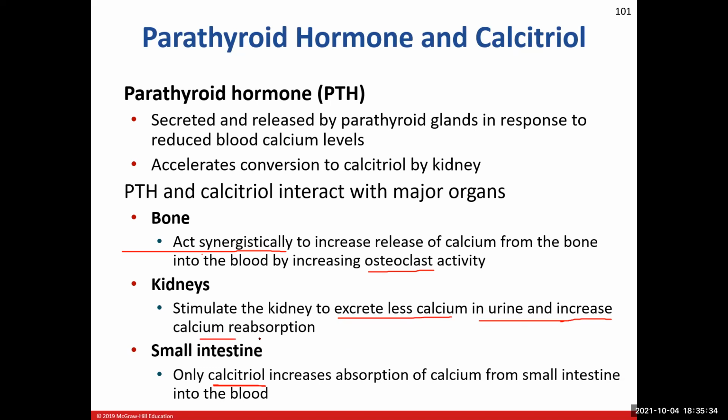Basically, your kidneys are going to make sure that there's very little calcium in your urine. They'll increase the reabsorption of both calcium and phosphate. All of that is going to help boost your blood calcium levels.